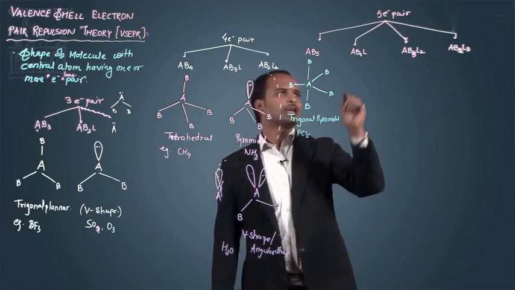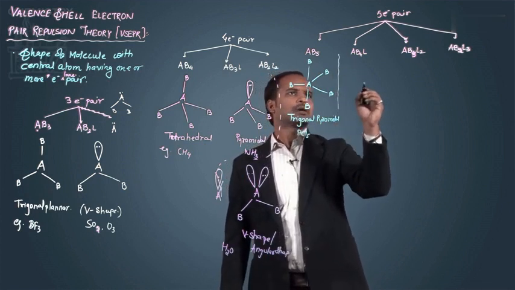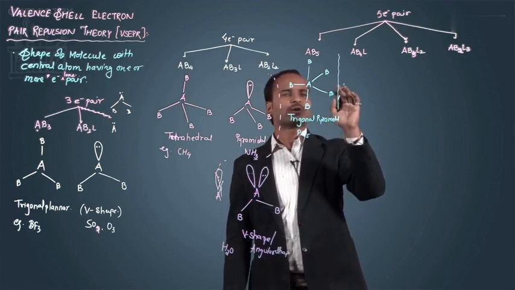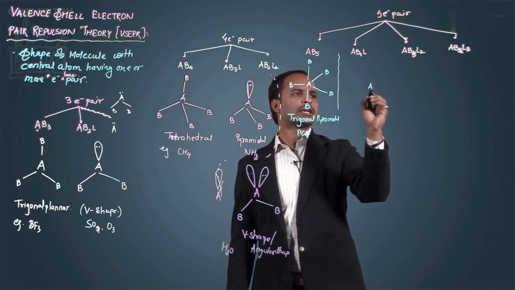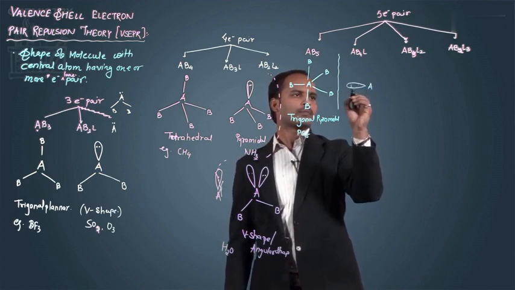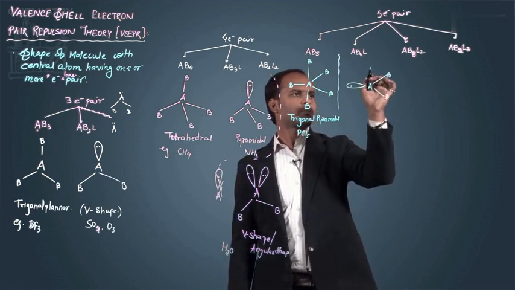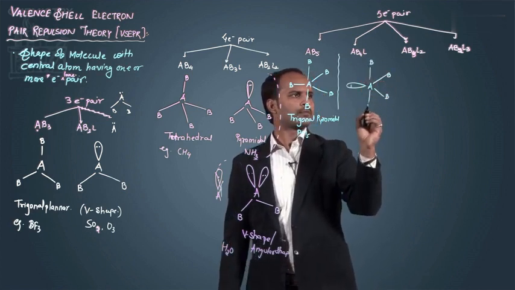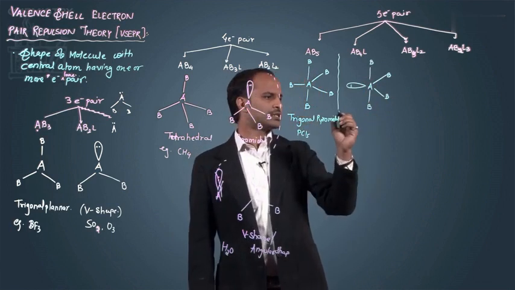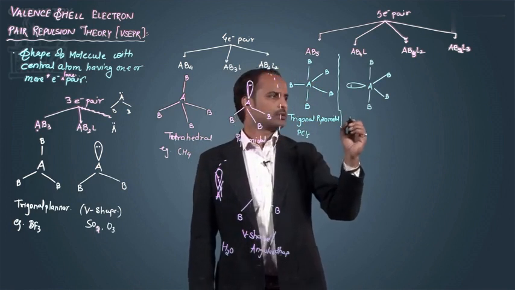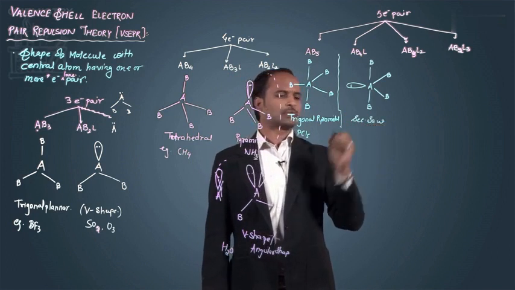AB4L. It means out of these 5, one is going to be a lone pair electron. So this is the lone pair, and the geometry will be something like this. A, and this is B. This is called seesaw geometry.